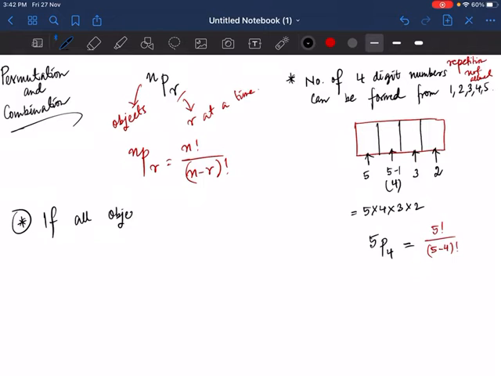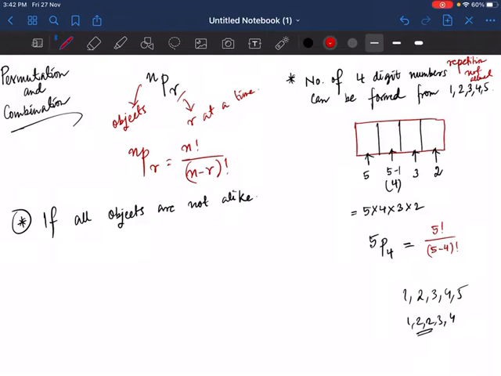If all objects are different, it means we have 1, 2, 3, 4, 5, where all objects are different. Now if I take 1, 2, 2, 3, 4, here 2 objects are similar. So I am taking the first condition when all the objects are different.